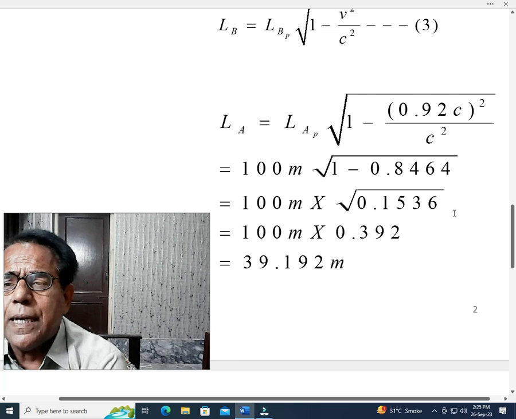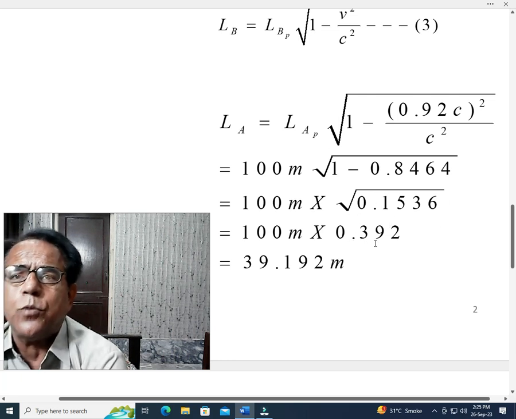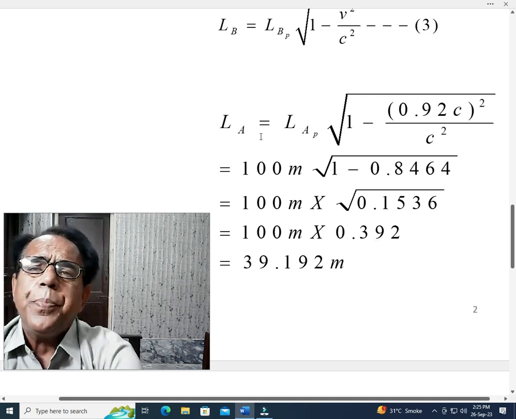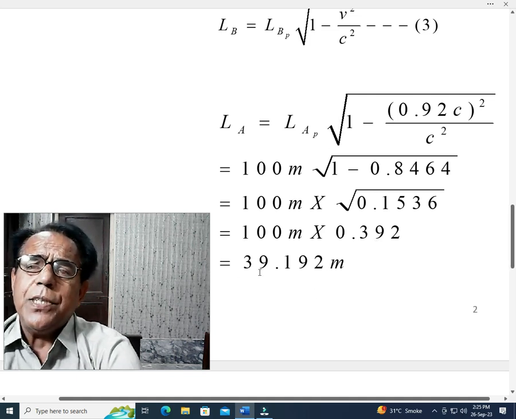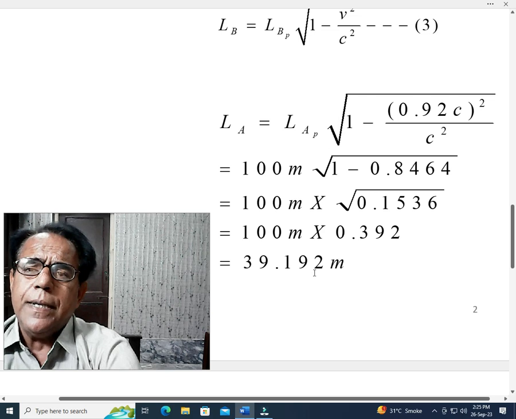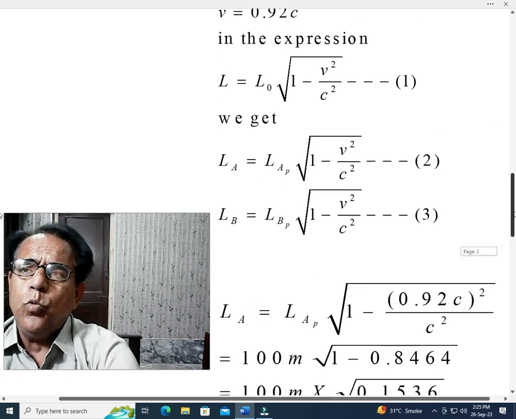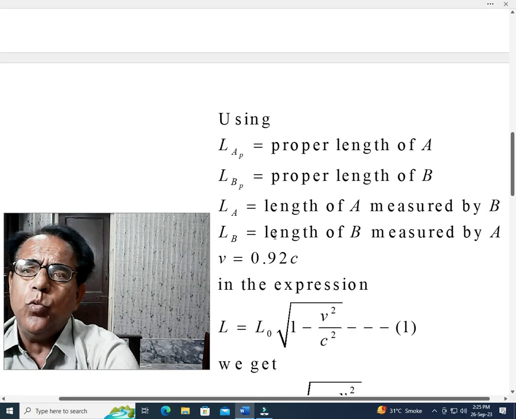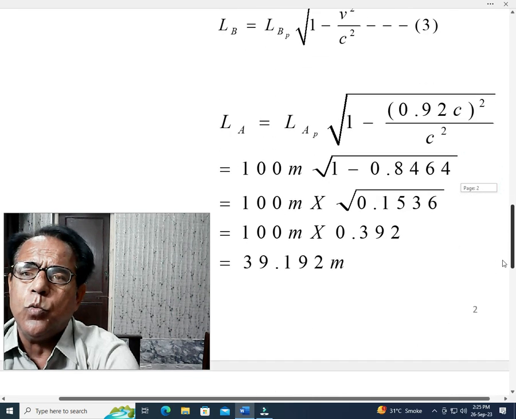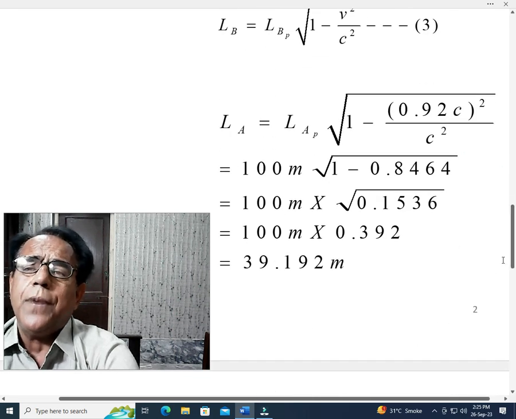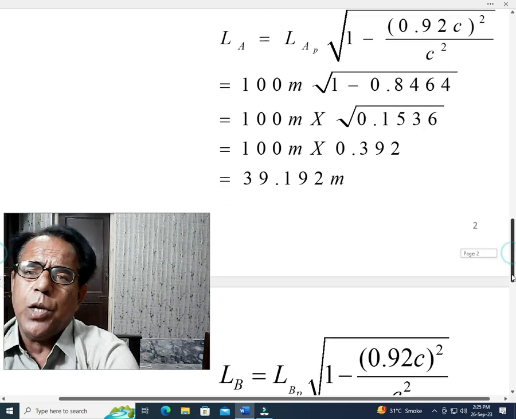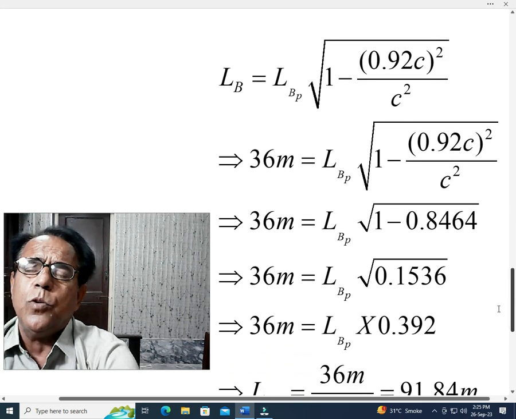When we take the under root of this expression, we get 0.392. So L_A becomes equal to 39.192 meters. L_A, that is the length of A measured by B, has been found, and it is equal to 39.192. Now we come towards the other part of the solution.